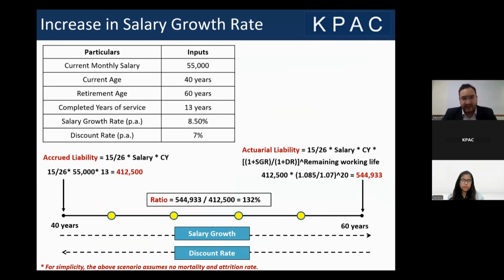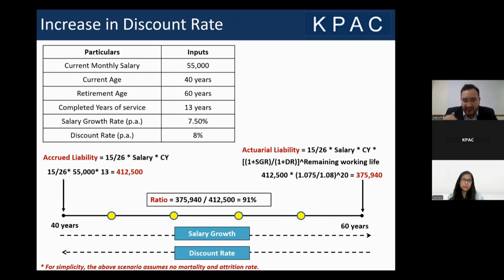Similarly, in the next slide, we are going to see a fall in the liability because of an increase in the discount rate. Out here, we have increased our discount rate from 7% to 8% per annum, which is resulting in our liability falling from 4,52,000 to 3,75,940. Interestingly, if you see out here, our discount rate is now higher than the salary growth rate.